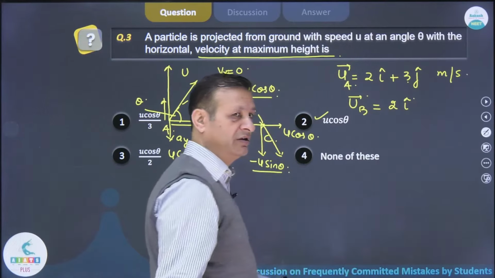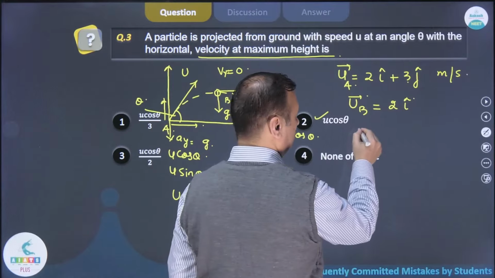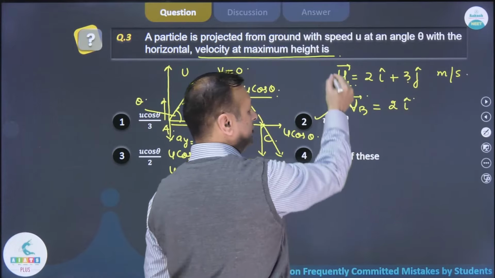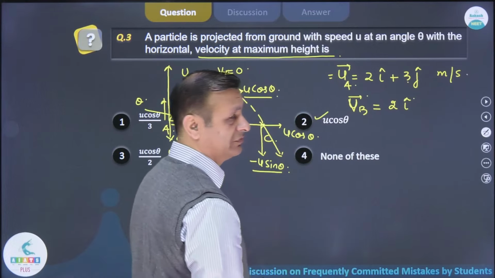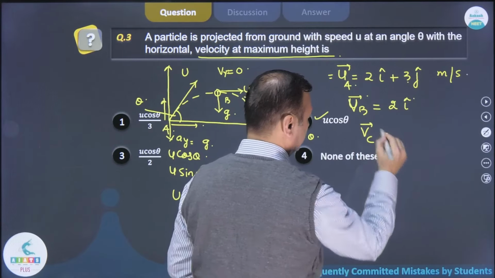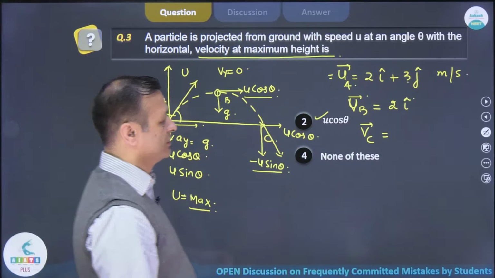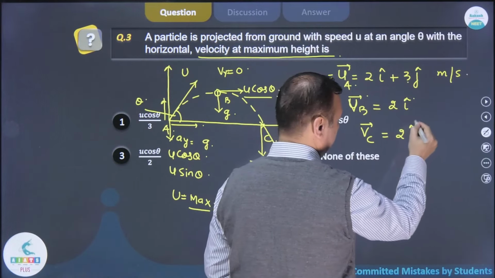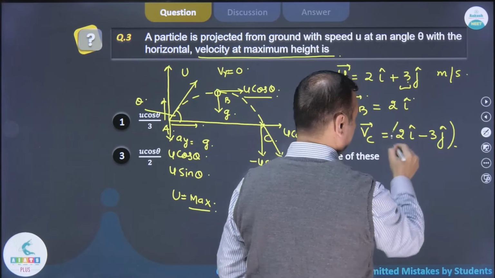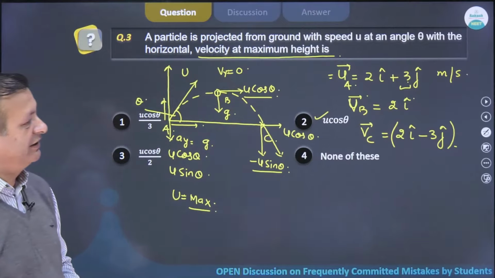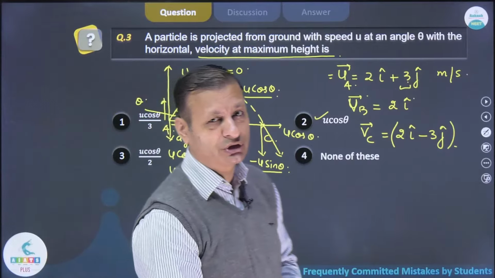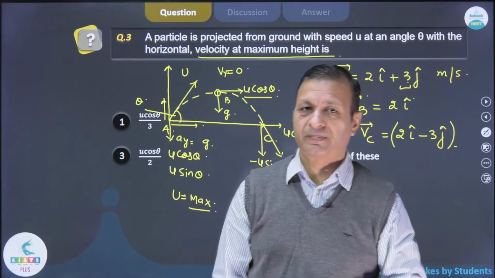And I should label this one as V_B, not u, since we are talking about some velocity after time. So velocity at the time when it is landing at point C: the x component stays the same, but the y component will change its direction, and this would be the final velocity with which the projectile is hitting the ground. So this is how you have to pick up the options for this kind of format.